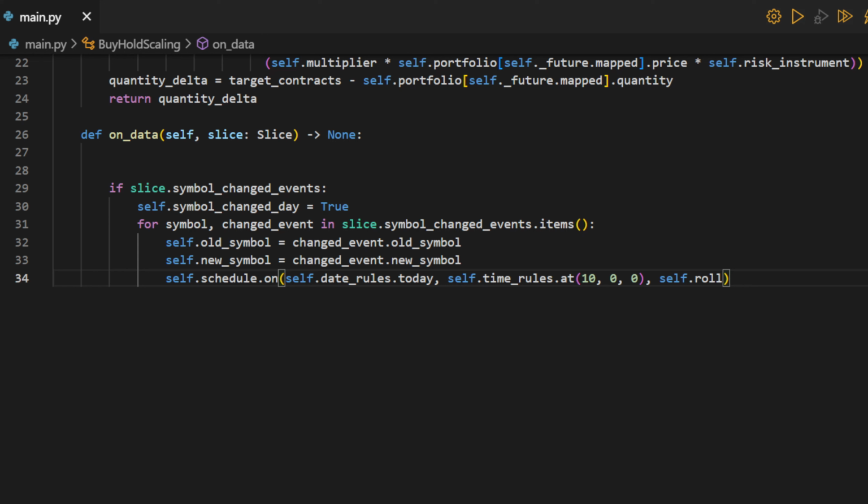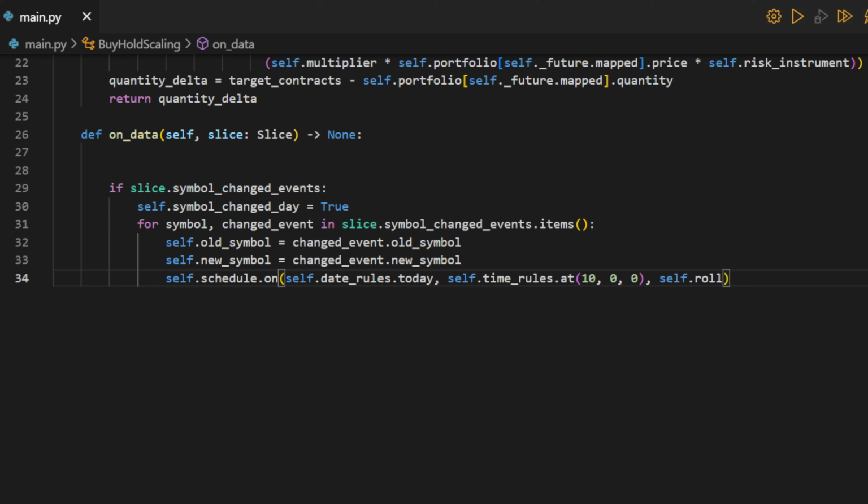Additionally, we refine the roll function. Instead of a market order to sell the expiring contracts, we employ self.liquidate, which sells all the current holdings.